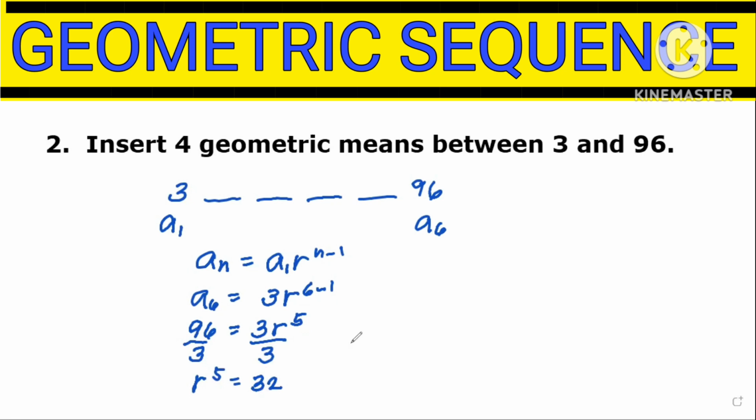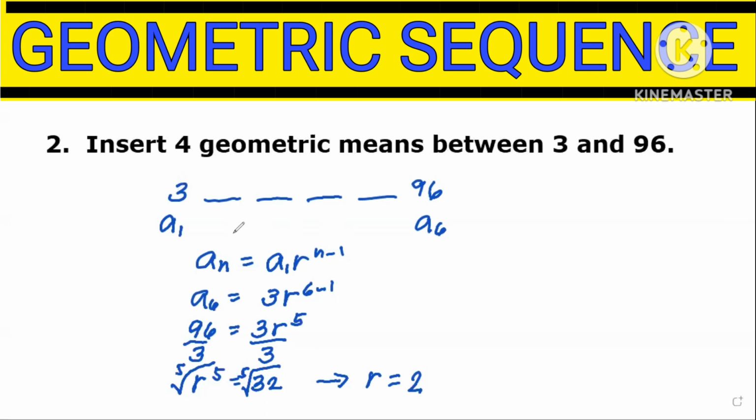So, if r to the fifth power is 32, then we get the fifth root of both sides. And the fifth root of 32 is 2. Therefore, r is equal to 2.